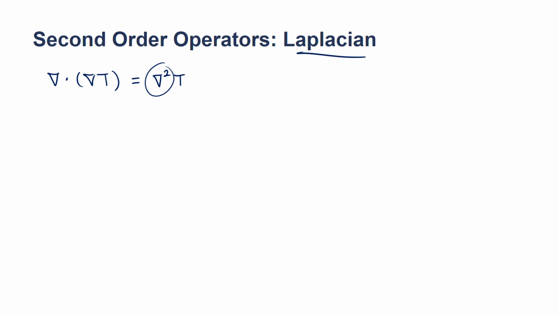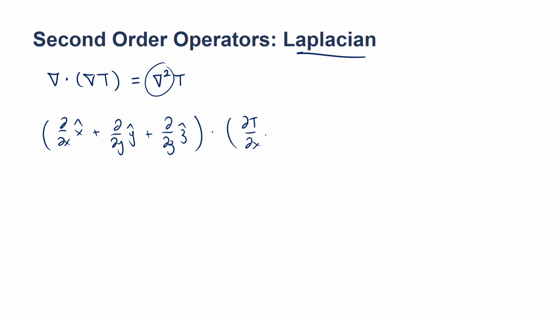So let's expand the operations on the left. Again, we can expand our del operator as a vector, as shown here. And on the right, we have the gradient of t, which we've written at the very beginning of this video. So we can write this as follows.